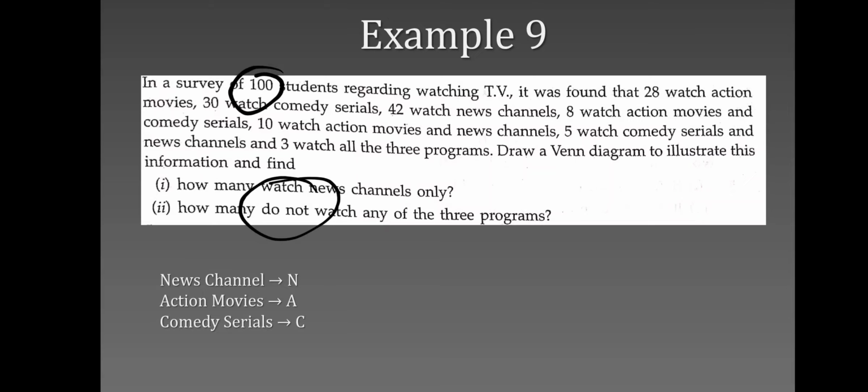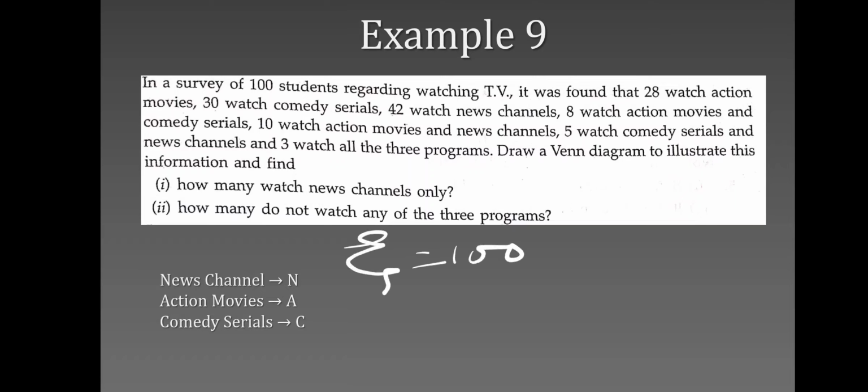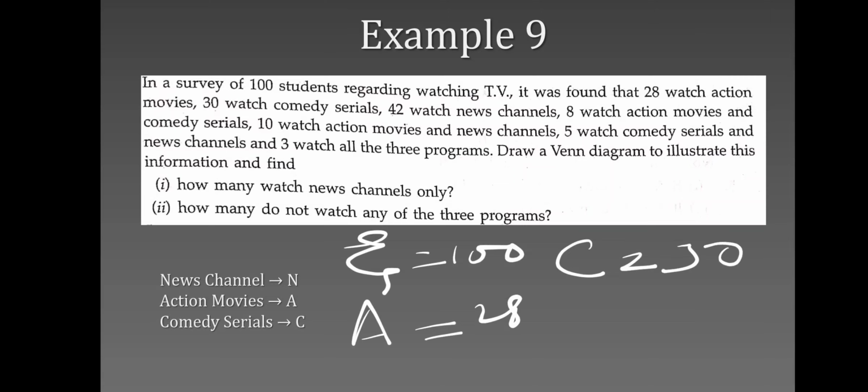Remember this. So therefore, we have to draw the Venn diagram understanding that the universal set contains 100 students. Then 28 was found to watch action movies, so set A contains 28 students. Then 30 watch comedy serials, set C contains 30 students, and set N contains 42 students.